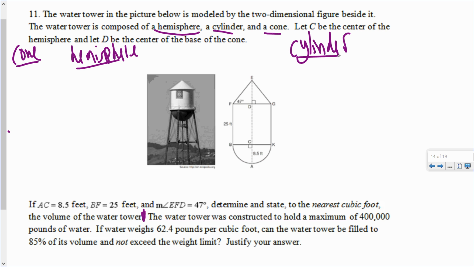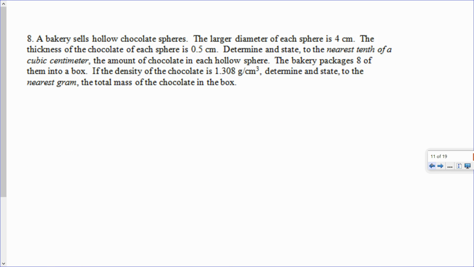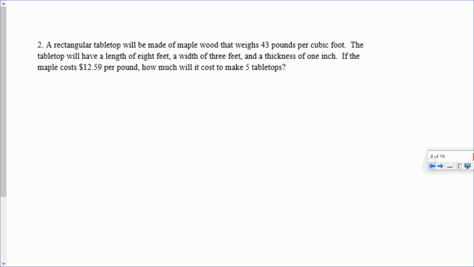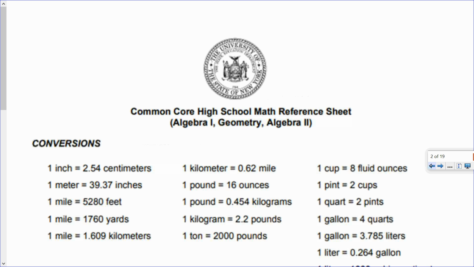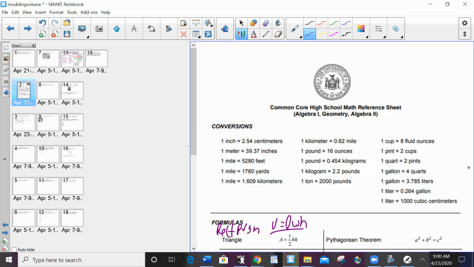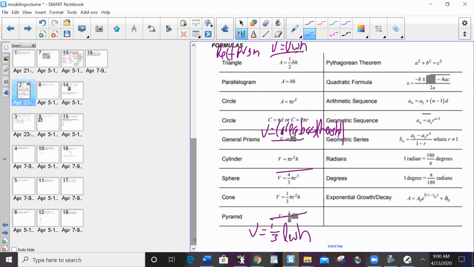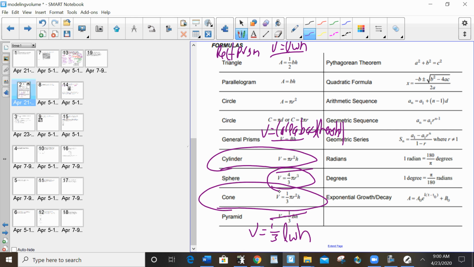I can go to my reference sheet: cone, hemisphere, and cylinder. They're all on there. Cone, 1/3 pi r squared h. Cylinder, pi r squared h. Sphere, so it doesn't tell me hemisphere, but it tells me sphere.